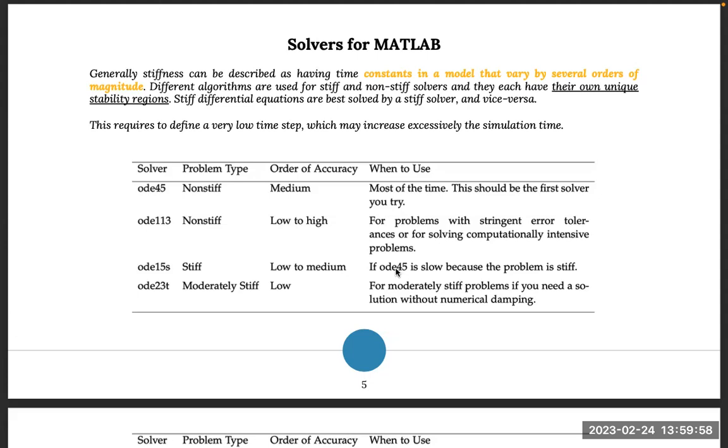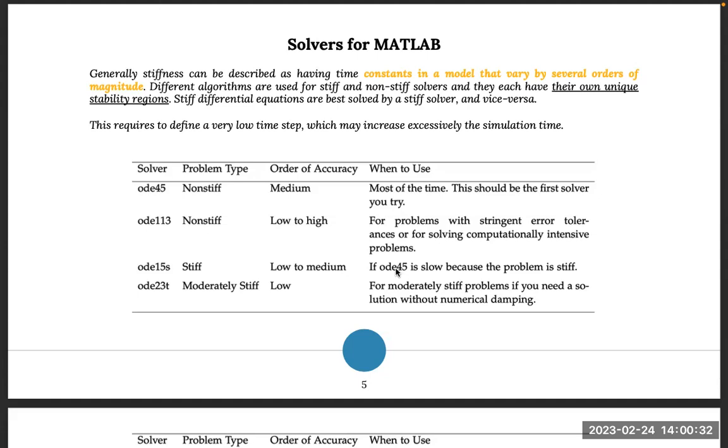For example, if your solution is going to be something like this, probably here you need to take a lot of samples, small h's, because you want to capture that dynamic. But here, when you have some steady state, maybe you can take bigger time steps and avoid taking too much computational time.